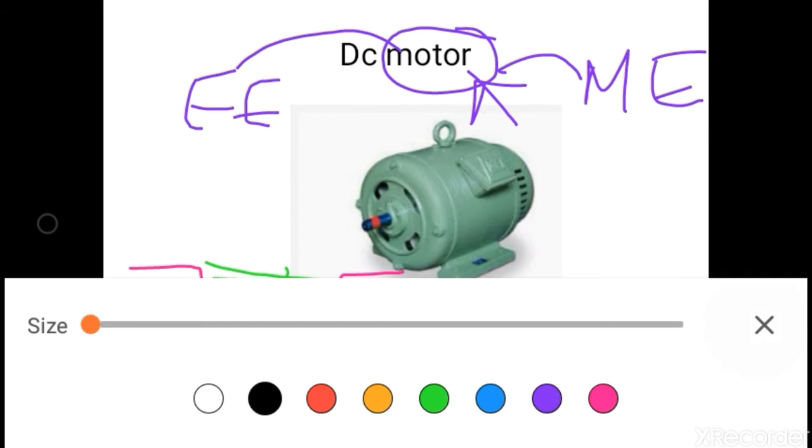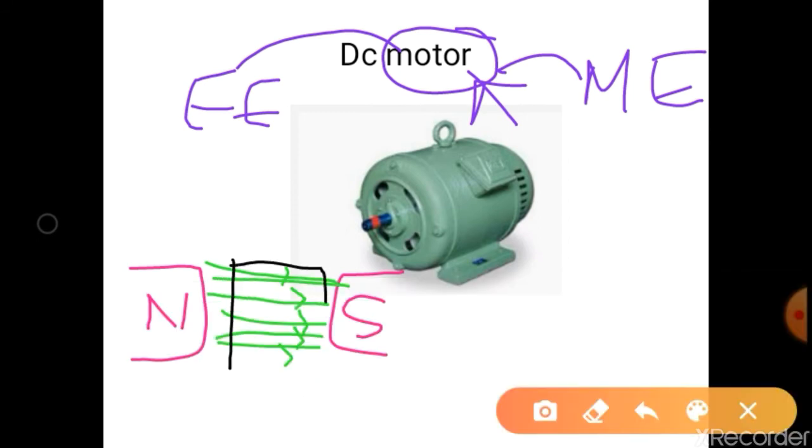Then I will take a coil and keep it in this magnetic field. It is a current carrying conductor or coil. Whenever a current carrying conductor is kept in a magnetic field, the conductor experiences a mechanical force. Based on this principle, the motor works.